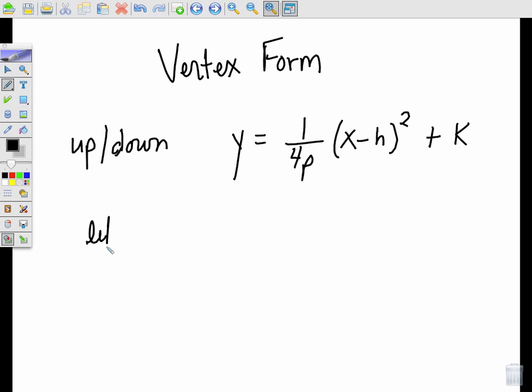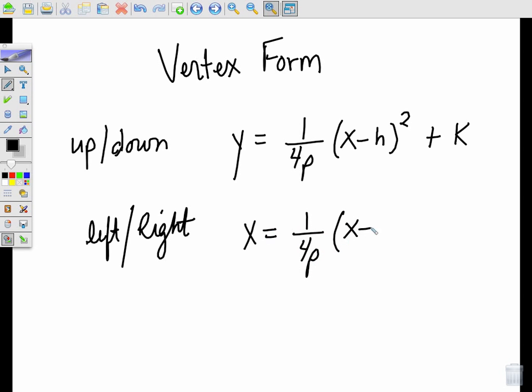All right, left and right. Your form is x equals 1 over 4p times (y minus k) squared plus h. And in all of these cases here, your p-value cannot be equal to 0.